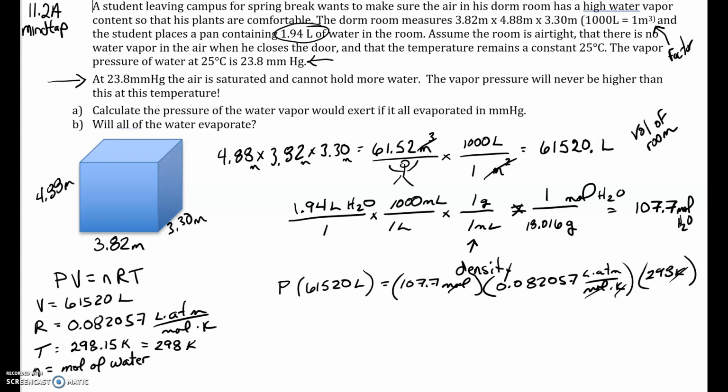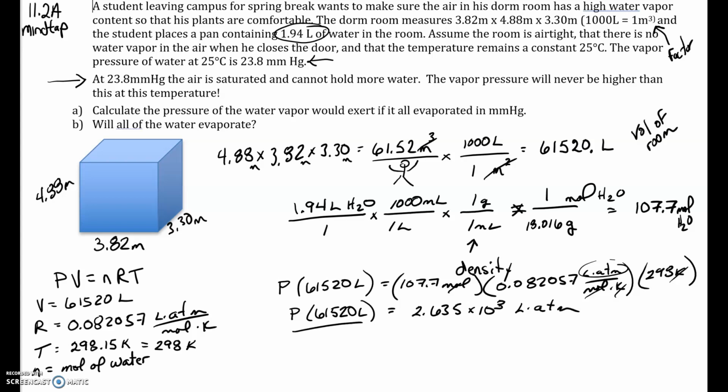Or what I usually do is I'll do it in two steps, but there are many ways to do the math. So this would equal 2.635 times 10 to the third, and what I'm left with for units is liters times atmospheres.